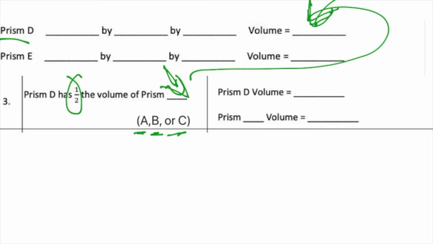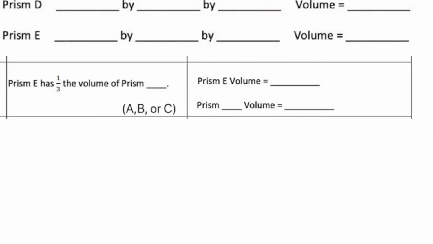Now that you know what the volume is going to be, you're going to find 3 numbers that multiply to get that volume. Find those 3 numbers that multiply to get that volume for prism D. Push pause, solve that now.